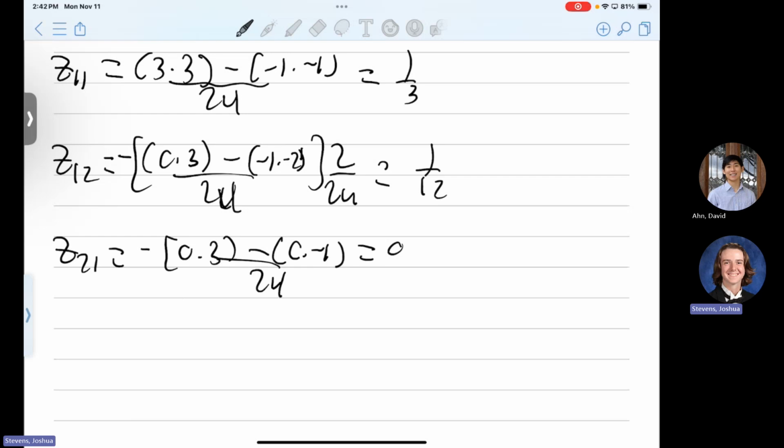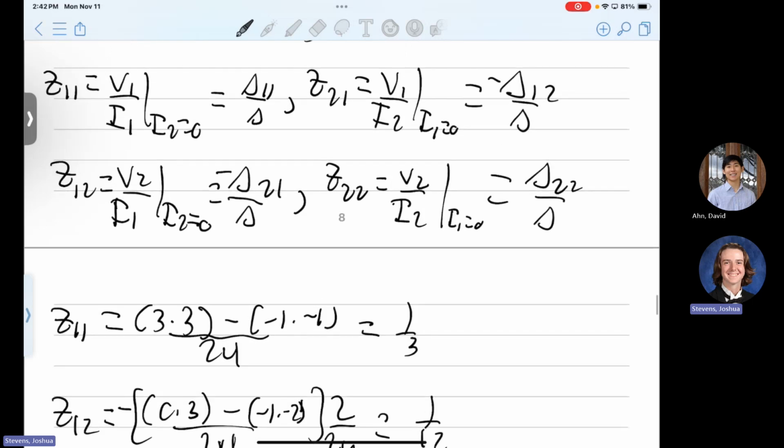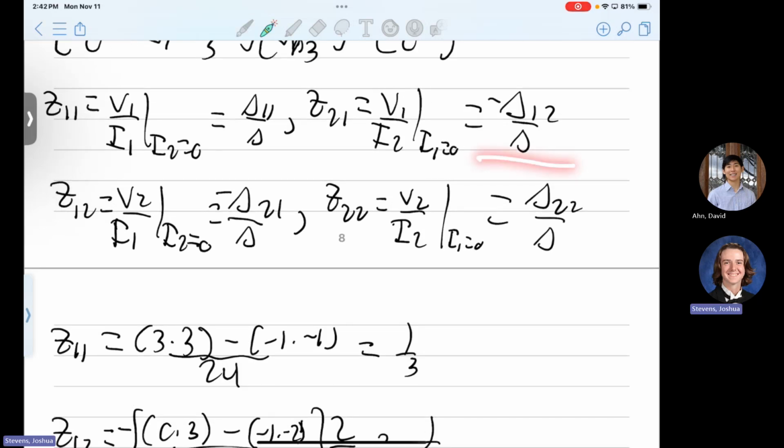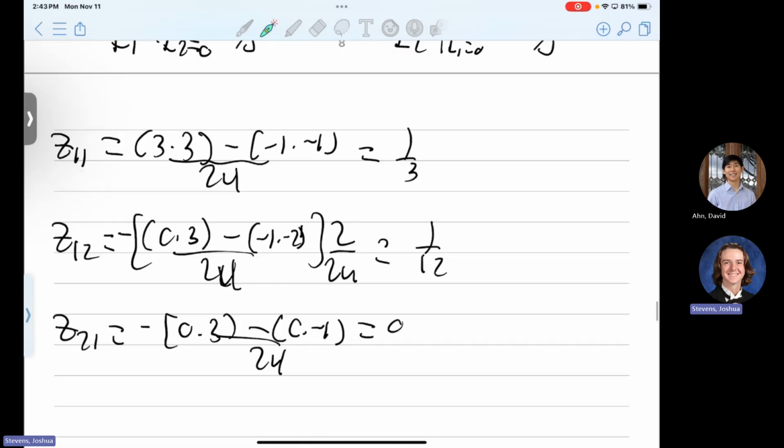I just realized you multiply everything by a negative for the off diagonals. So this, multiply it by a negative. This, also multiply it by a negative. Yep, I just had my cofactor expansion wrong. That's what it was. This is making more sense now.